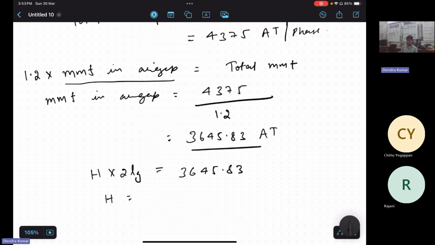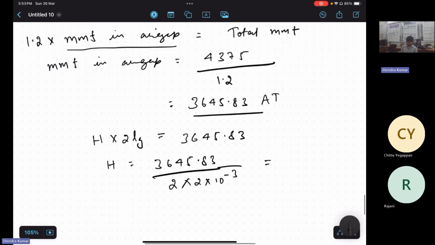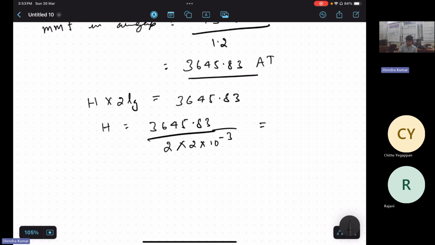H you will get here. That will be 3645.83 divided by 2 into Lg, which is 2 mm. So how much is it coming? 911,457.5, sir. Okay, so 911,458, close. Yes, okay, sir.